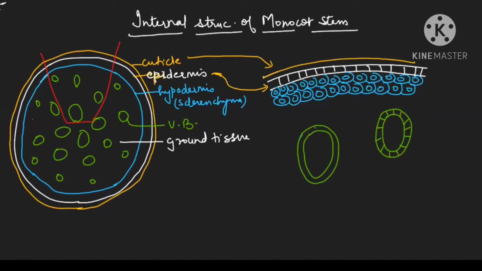And sclerenchyma means fiber. That is why these vascular bundles are known as fibrovascular bundles. Sclerenchyma means the cells will be dead, so you should draw a double wall this way. So vascular bundles are known as fibrovascular bundles because fiber is present outside and sclerenchyma makes it dead.